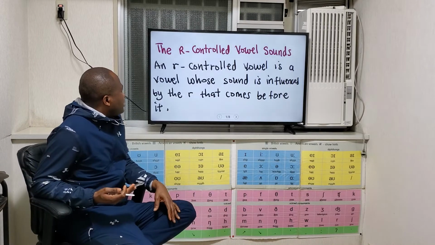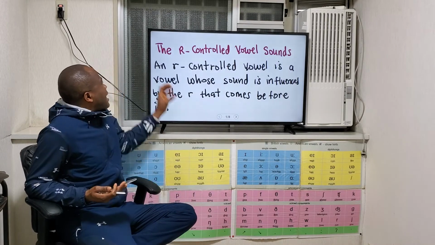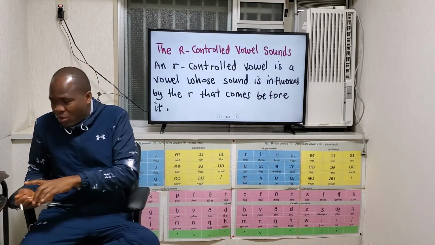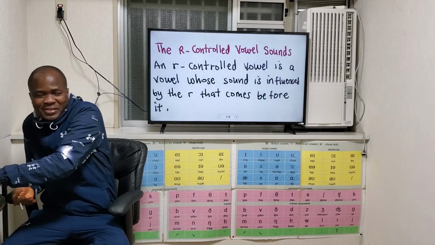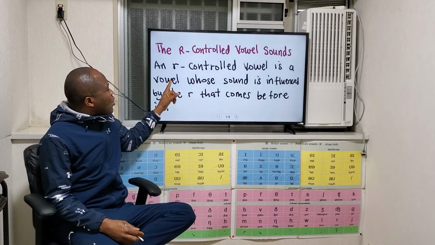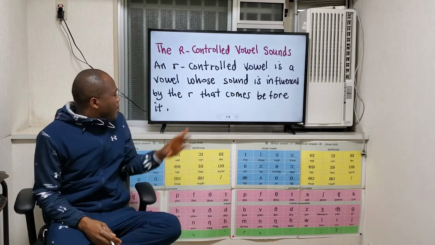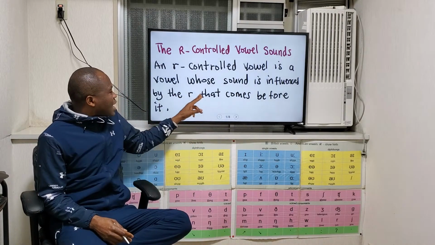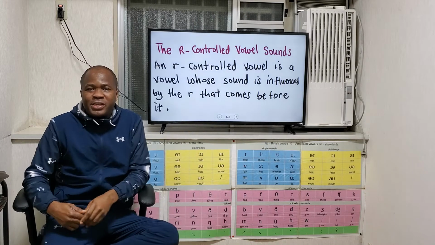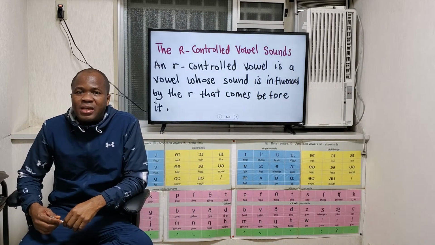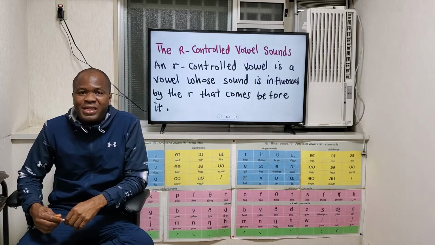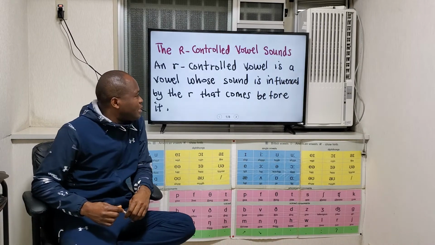We are saying that an R controlled vowel is a vowel whose sound is influenced by the R that comes before it. Remember, the R that comes before it.